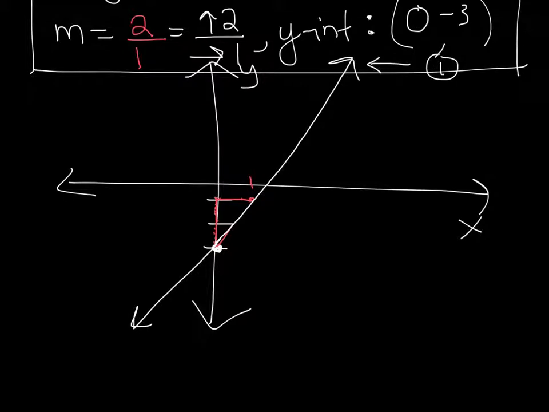I can see it, but it's not letting me. Okay, so this is supposed to be dashed. So pretend that white line is not there. It should look like that with arrows, because it's a line that is going on to infinity.